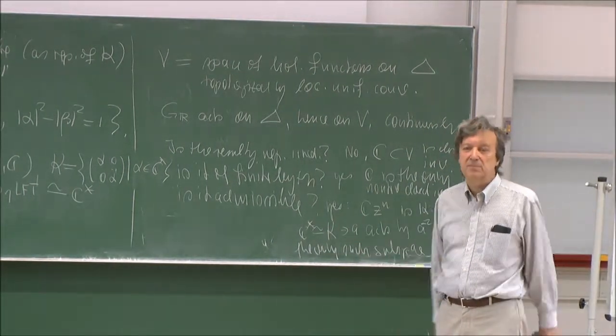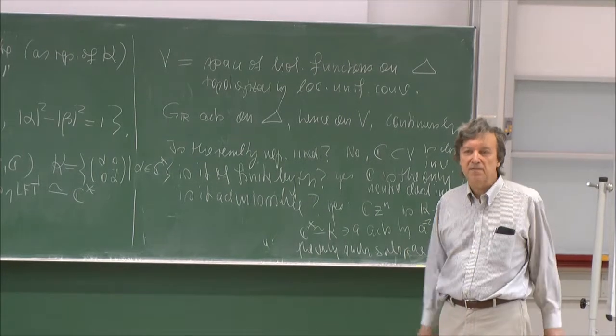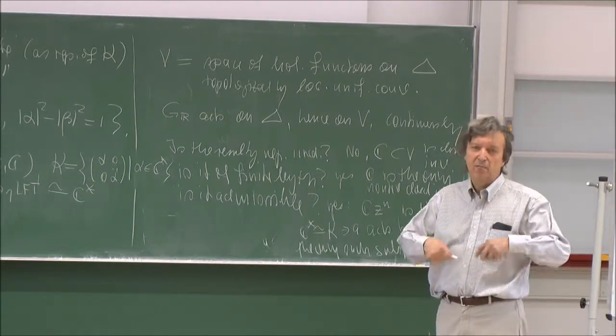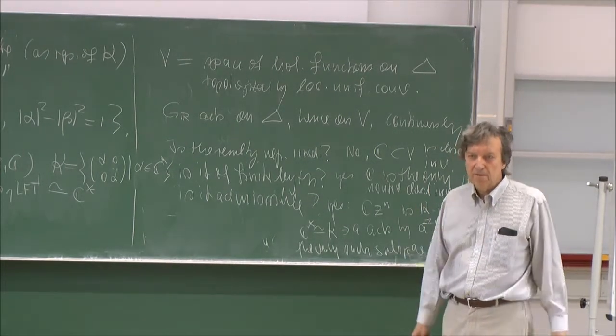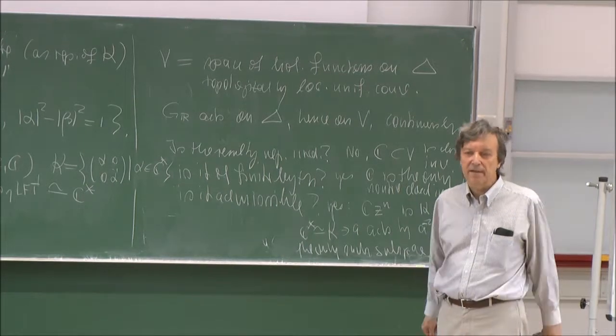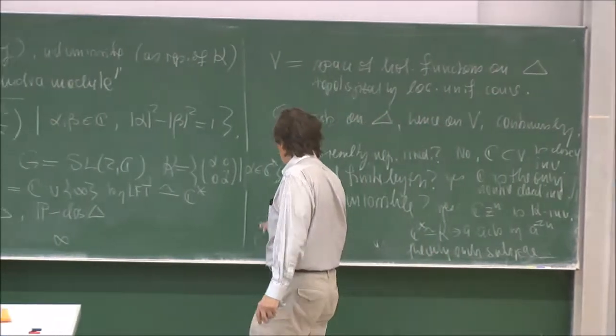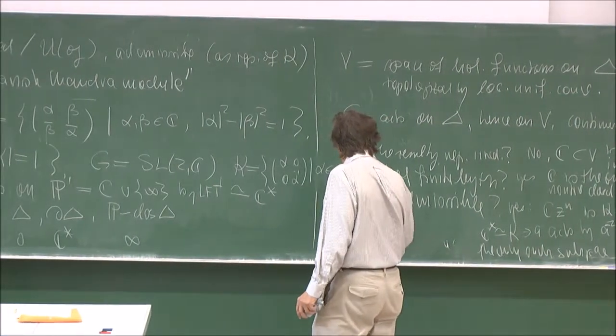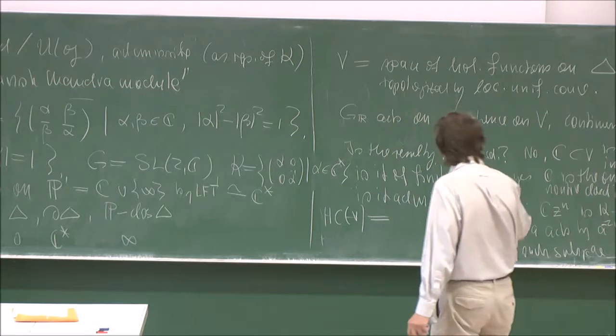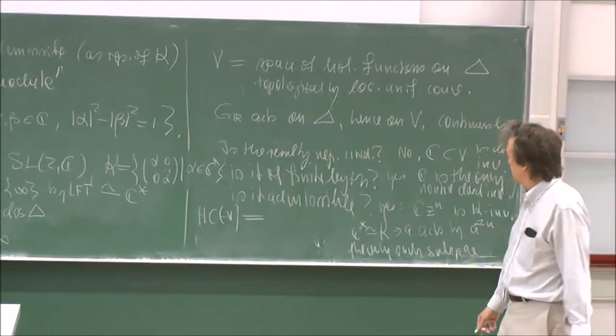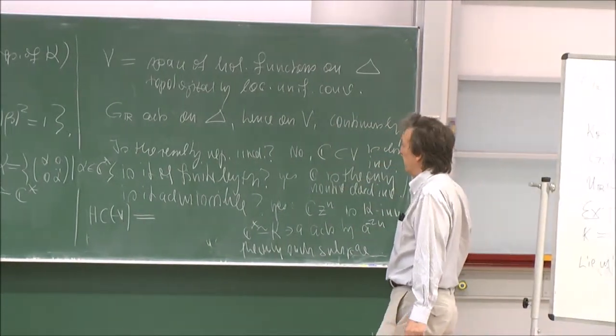So yes, it's admissible. Each irreducible representation of K occurs either once or not at all, depending on the parity and sign. And so what is the Harish-Chandra module? Well, it's the linear span of z to the n for n non-negative.